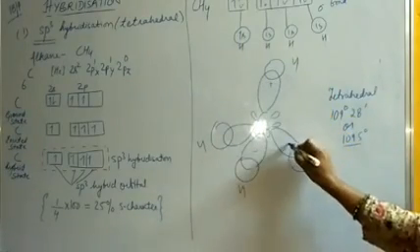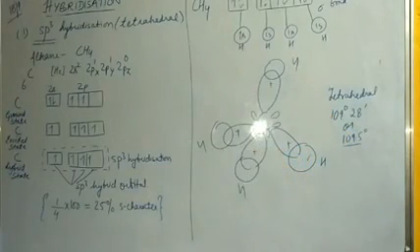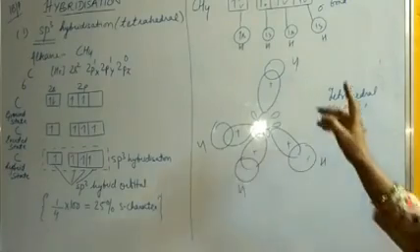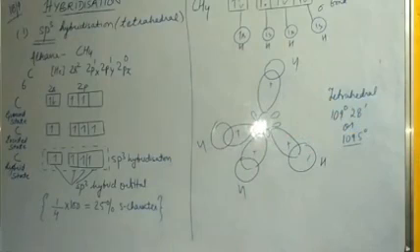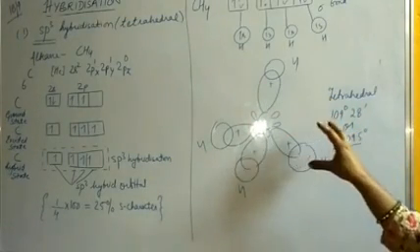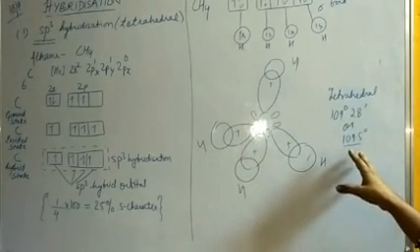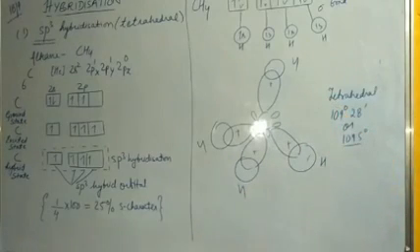And this is our tetrahedral geometry of methane. Wherever there is sp3 hybridization, the sp3 hybrid orbitals arrange themselves in space so that they have minimum repulsion, and hence the shape acquired is tetrahedral, and the bond angle is 109 degree 28 minute.